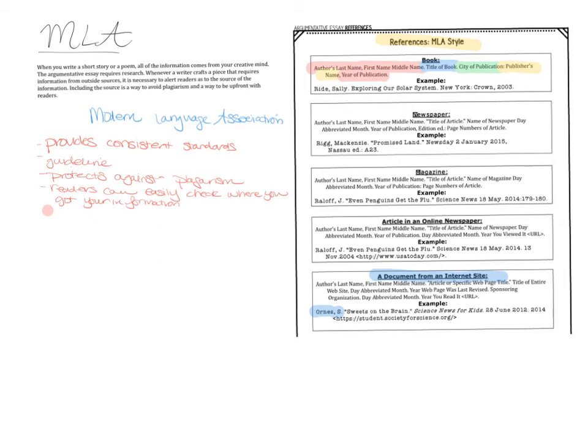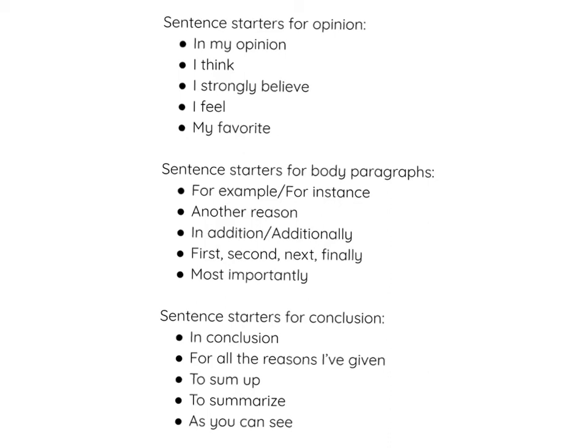All right, let's move on to transition words. When you're writing an opinion essay, it's really important for you to use different sentence starters. And here were some examples that I came up with. Of course, there's many, many more that you could use, but you don't want to do the same thing.